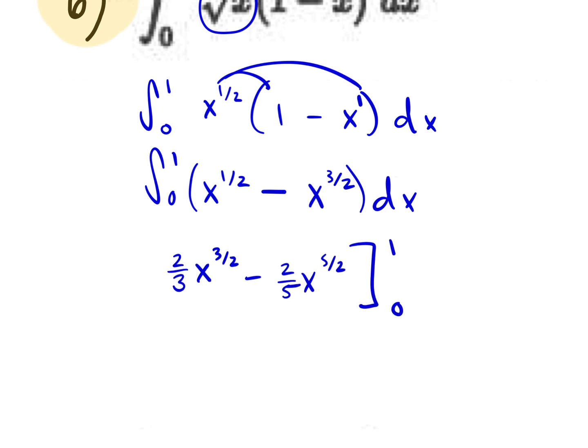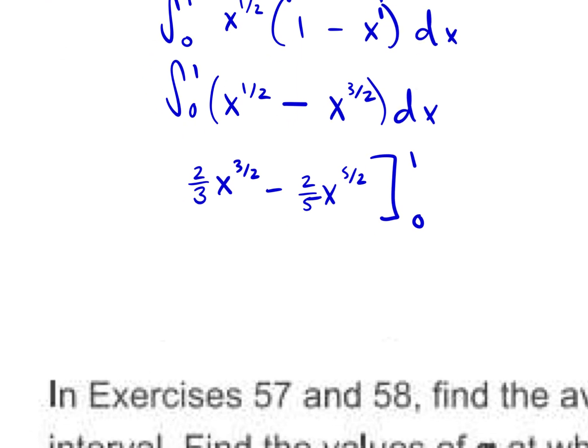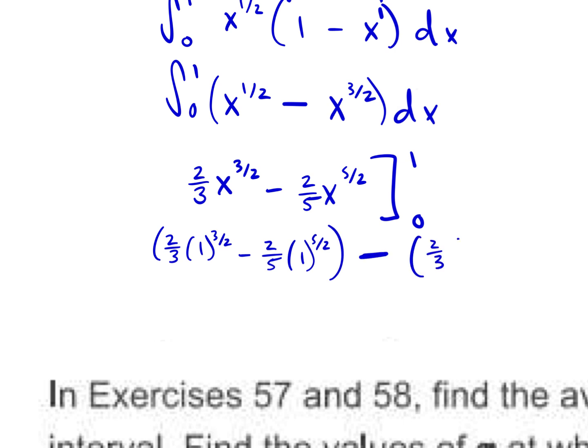What would I plug in first? Awesome, plug in 1. So we have 2/3 times 1 to the 3/2 power minus 2/5 times 1 to the 5/2 power, minus, then we're going to plug in 0. So we get 2/3 times 0 to the 3/2 power minus 2/5 times 0 to the 5/2 power.